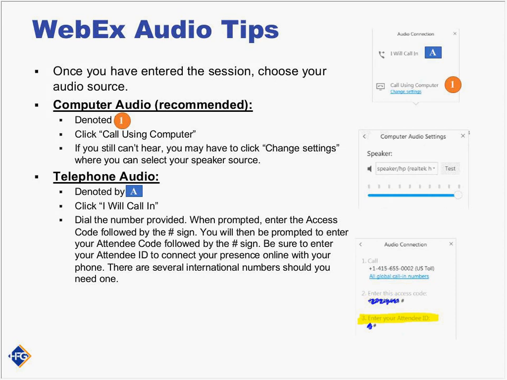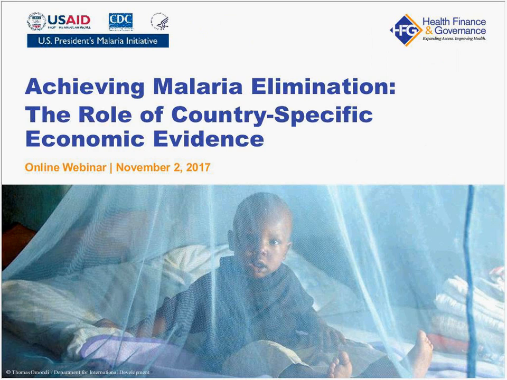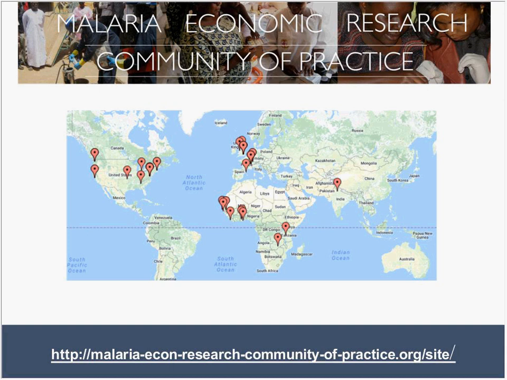My name is Kelly Ambrose, and I'm a senior analyst for the Health Finance and Governance Project at Abt Associates. This webinar is being hosted by the Malaria Economic Research Community of Practice, which was established about a year and a half ago and aims to improve the communication and collaboration among users of malaria economic research, producers of that research, and students of the research as well as malaria programs.